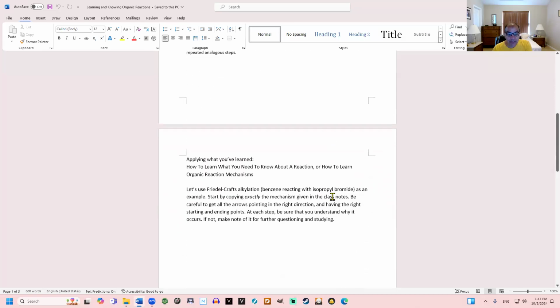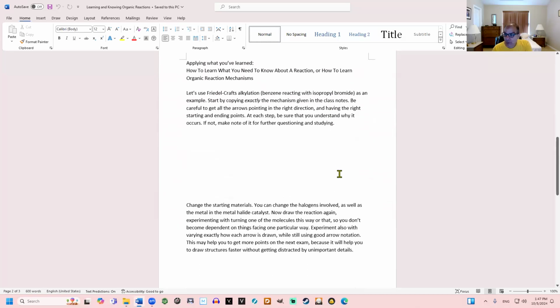And after that is an application that takes you step by step through a method that you can use to learn any reaction. In the example here, we're using Friedel-Crafts alkylation because that was a chapter 16 reaction, on the first exam.